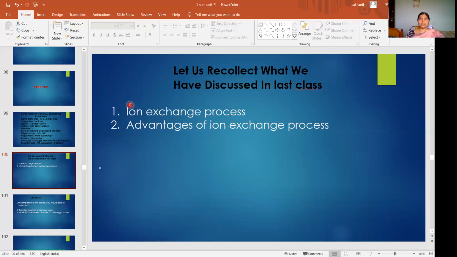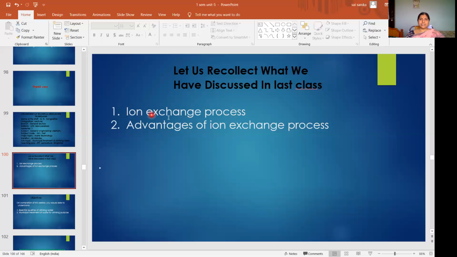The H plus ions liberated in the first tank and OH minus ions liberated in the second tank combine to form water molecule. If we use these resins continuously, they will be exhausted.